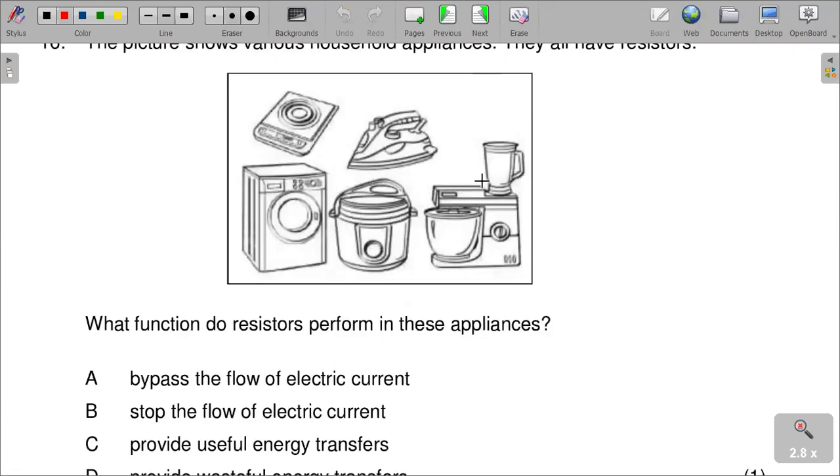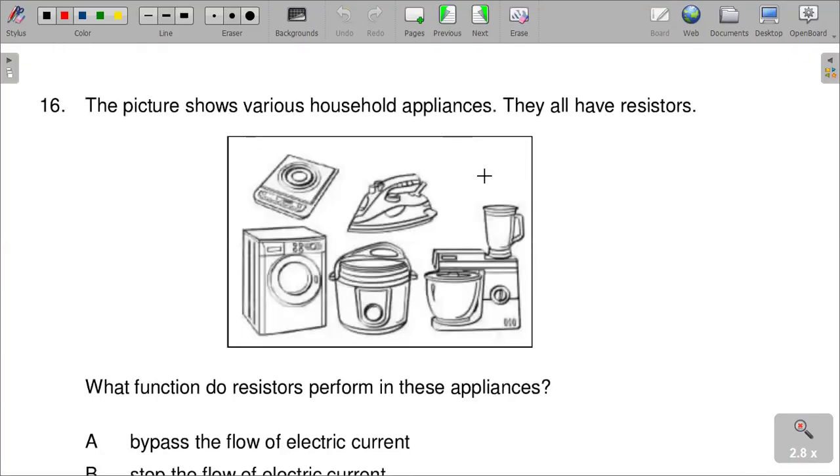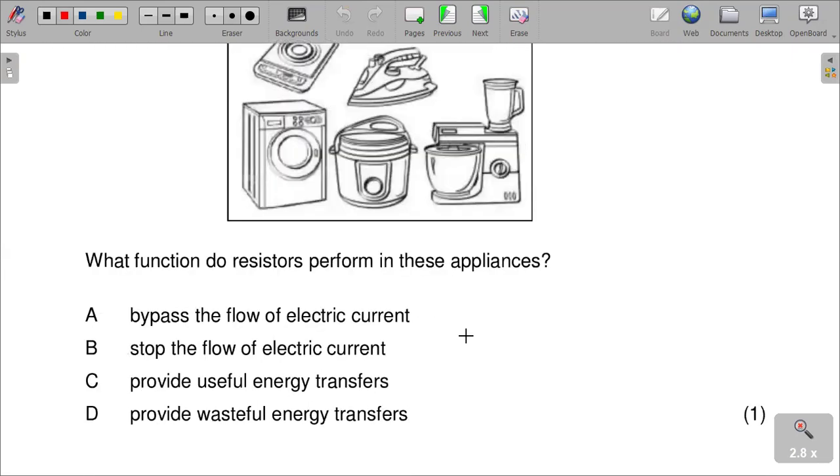The picture below shows various household appliances. They all have resistors. We have an iron, a pressure cooker, a radio, an electric jug, and so forth. What function do resistors perform in these appliances?